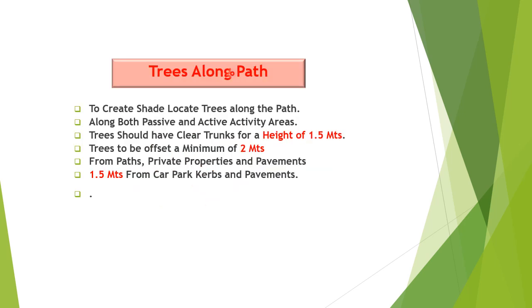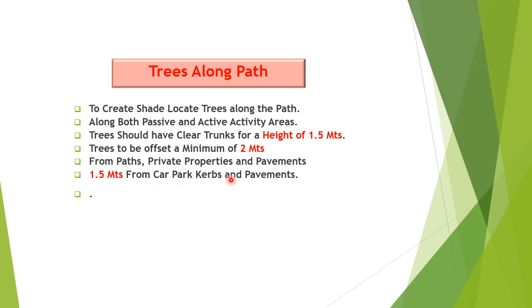Now you have to plant trees along the path. To create shade, locate trees along both passive and active activity areas. Trees should have clear trunks for a height of 1.5 meters. Also, trees should be offset a minimum of 2 meters from paths, private properties and pavements, and 1.5 meters from car park curbs and pavements.